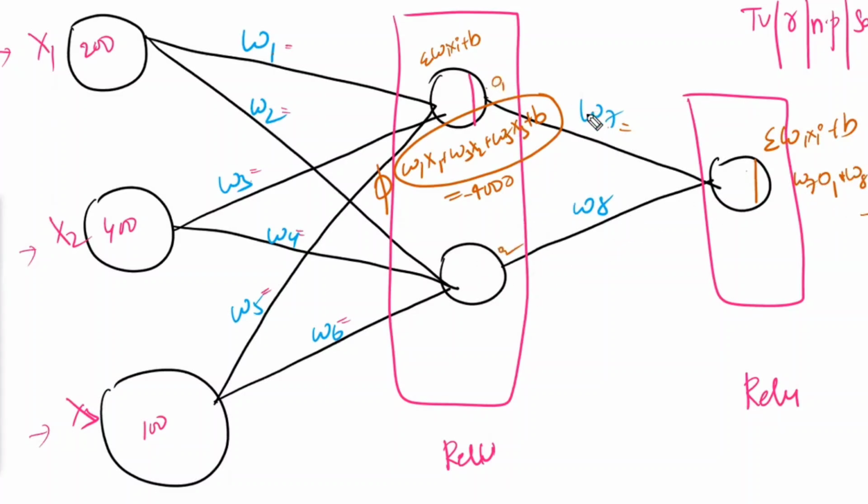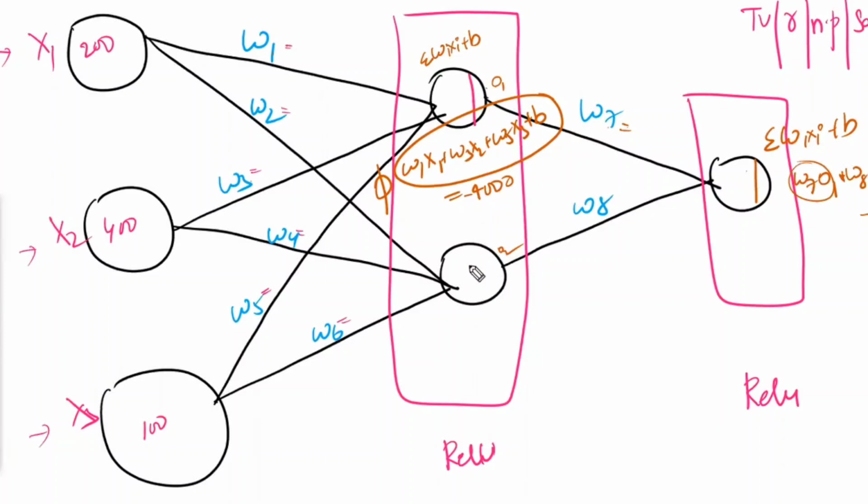For example, if this is 0, then 0 into W7 is automatically 0 only, right? Which means indirectly the neuron was dead. It is collecting the information, but it is not passing the information. It is processing, taking, everything is done, but it is not sharing that information with others.